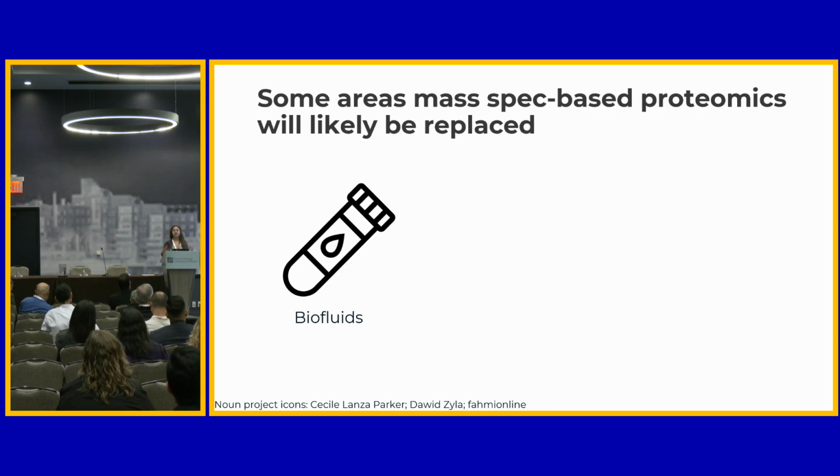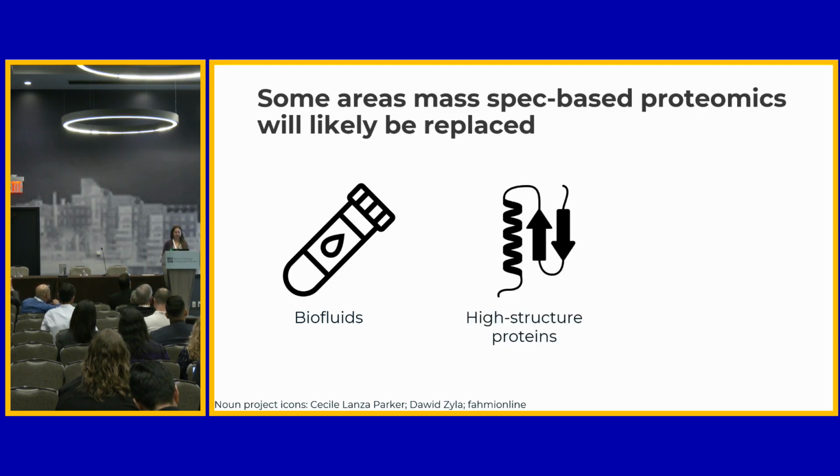It just requires, to do the throughput that a lot of biofluid studies are looking to do, it's thousands. It's not just a 384-well plate, it's multiple of them over longitudes. And mass spec just has not delivered in the throughput and the scale that biofluids researchers are looking to do.